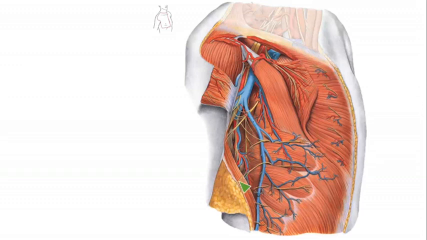And we're just seeing the latissimus come up this way. The artery that is in here and traveling with the thoracodorsal nerve is your thoracodorsal artery. And certainly you'll have a vein by the same name, thoracodorsal vein.